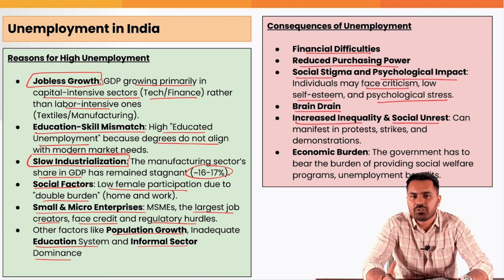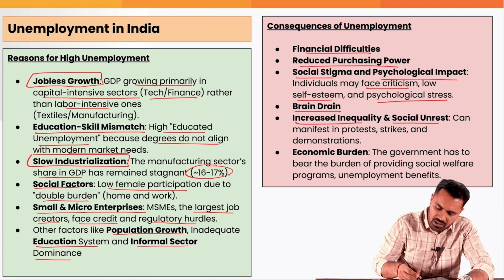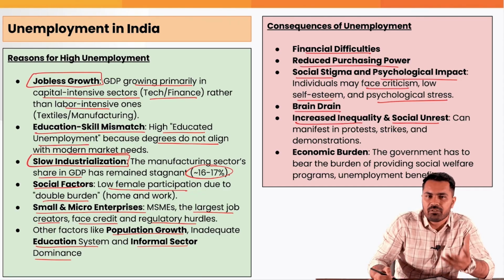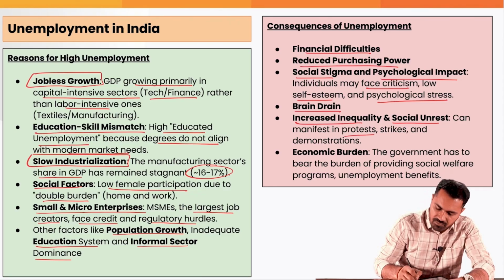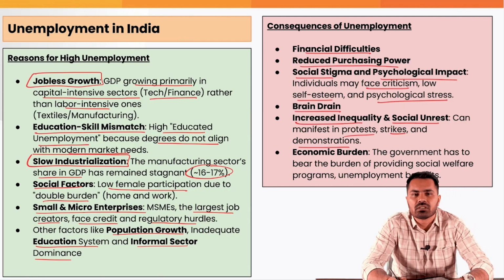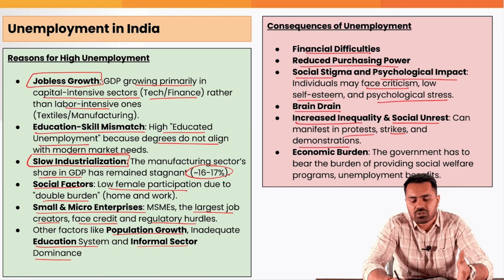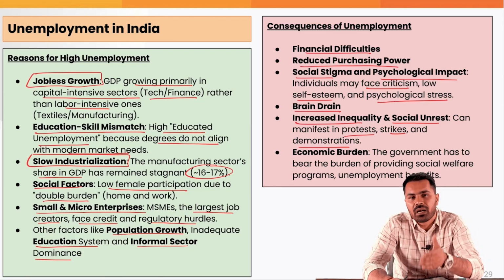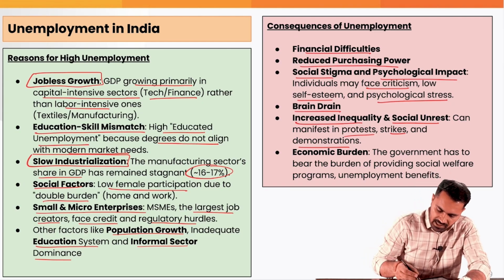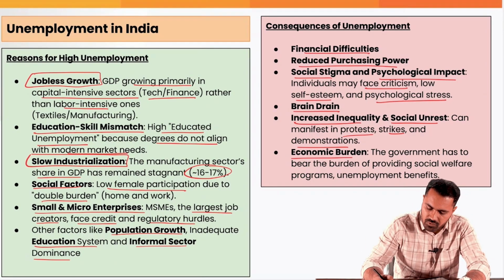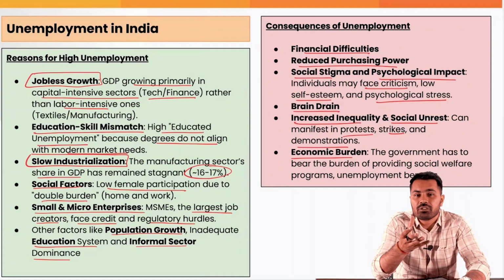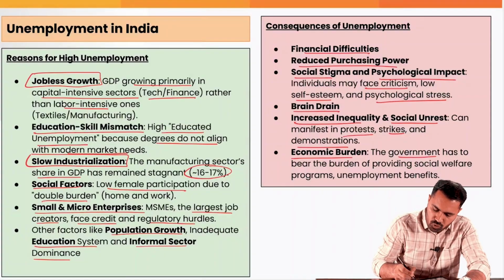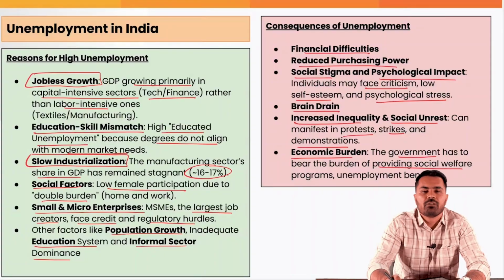When such a situation arises, this social unrest can be manifested in the form of protests, strikes, and demonstrations. These things were also seen in the case of Sri Lanka, Bangladesh, and Nepal. So India has to take care of this. And lastly, there is an economic burden, not only on individuals but on the government also, where the government has to bear the burden of providing social welfare.